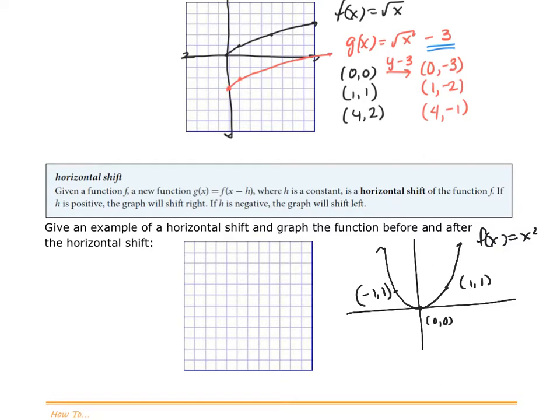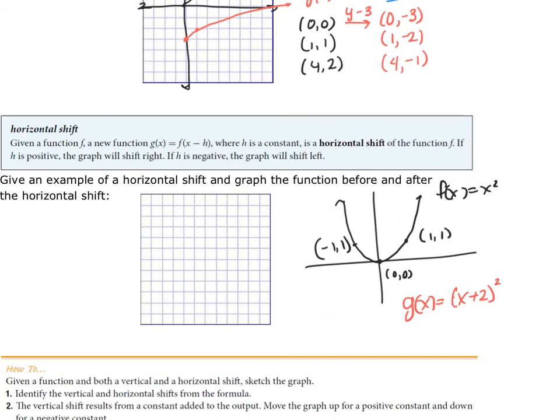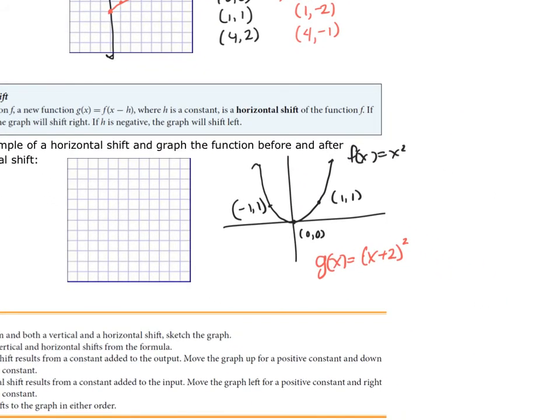And suppose my transformation, because we were using these yesterday, suppose I said my g of x is equal to x plus 2, the quantity squared. So what that did is it took all of my x's, so this is changing my domain, it took all of my x's, so I'm going to do negative 1, 1, I'm going to do 0, 0, I'm going to do 1, 1.